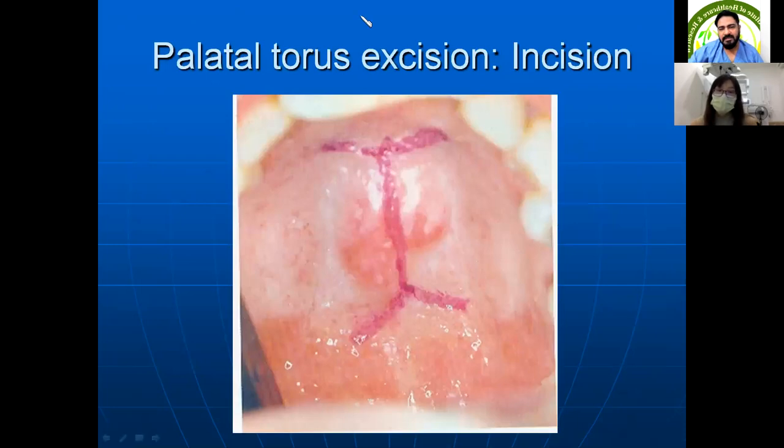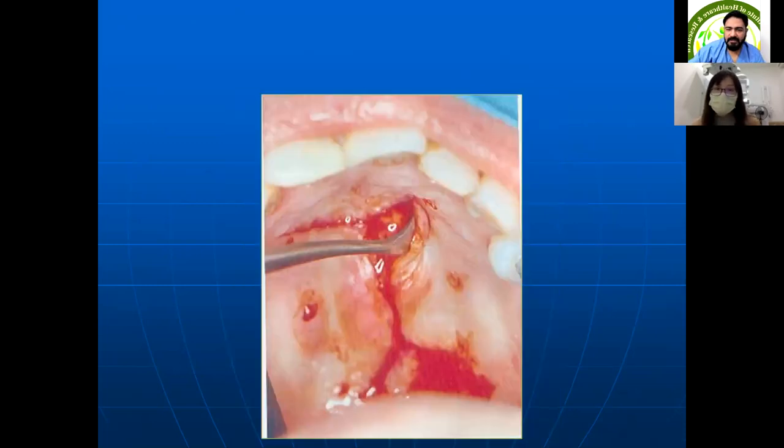See, can you see the incision? First incision is given in the midline, then one extension, and then this extension. So there are two envelope flaps now, on the right and left.